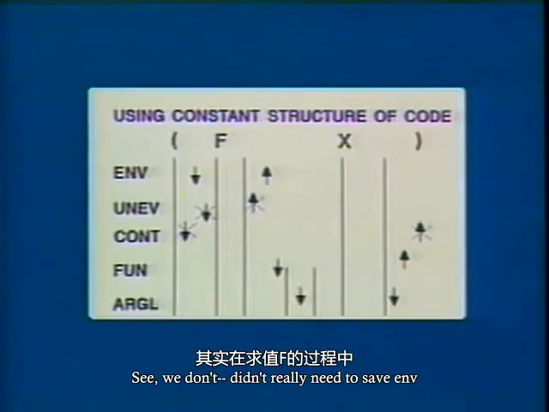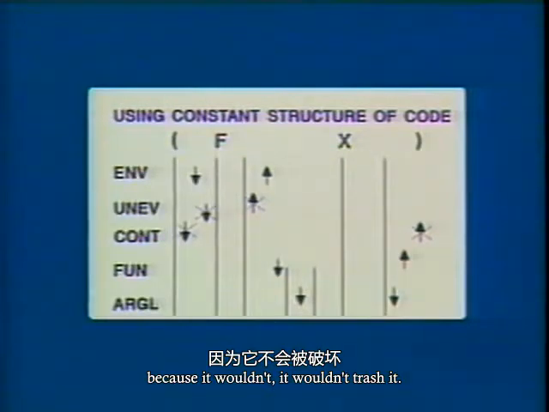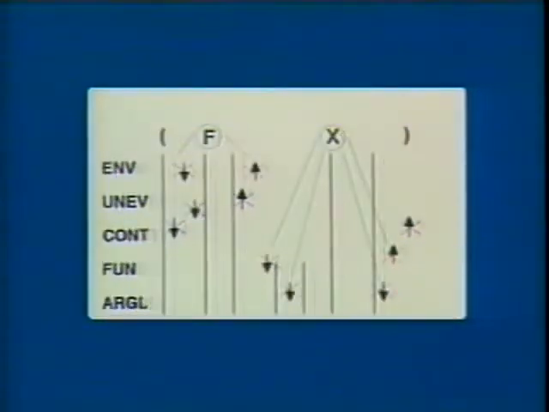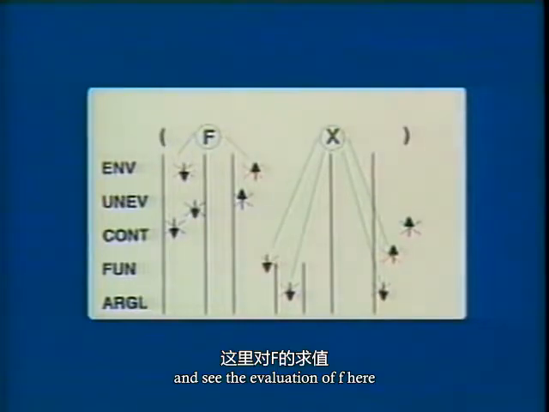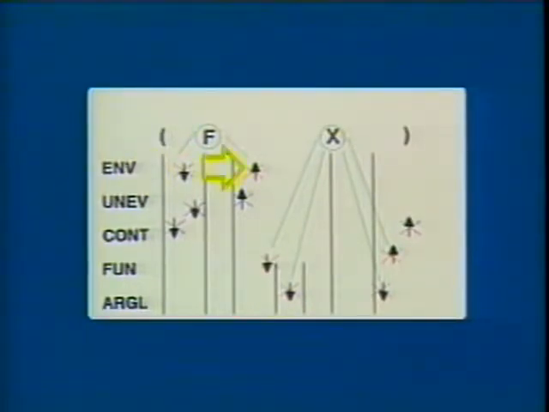needed. See, we didn't really need to save env across evaluating f because it wouldn't trash it. So if we take advantage of that, then the evaluation of f here doesn't really need to worry about hurting env.